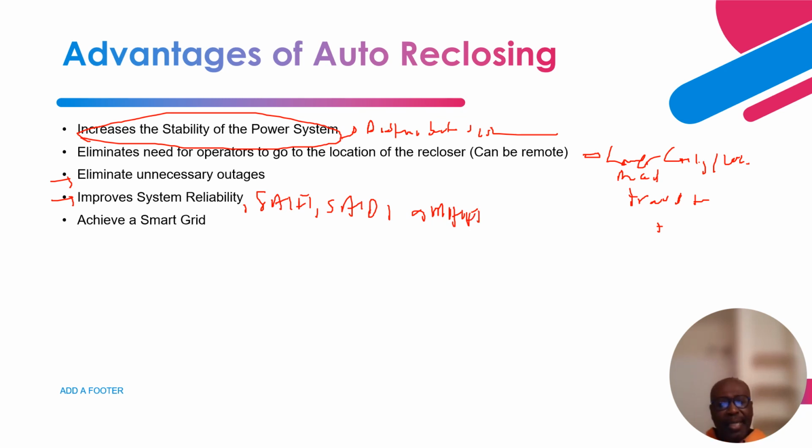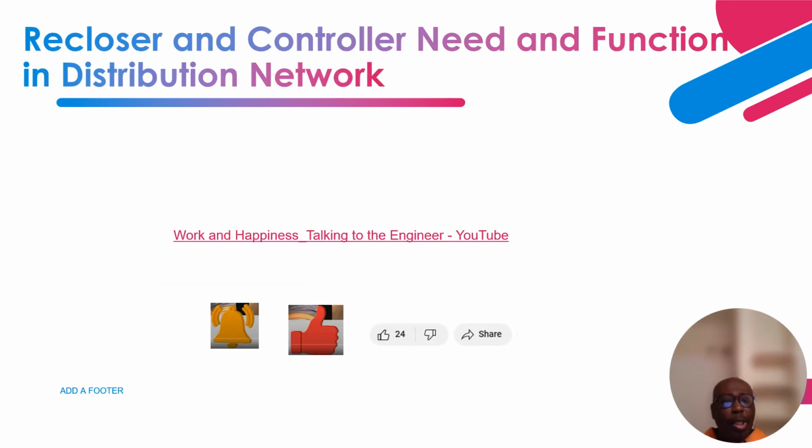And basically, auto reclosing is an automation scheme that allows a smart grid to be achieved, right? That is automation of the distribution network. And that is part of the digitalization of the transmission and distribution effort that every utility is trying to achieve.